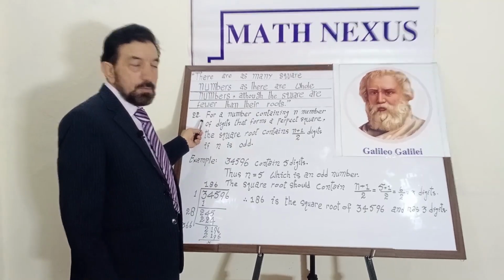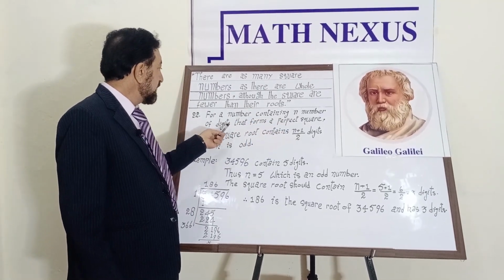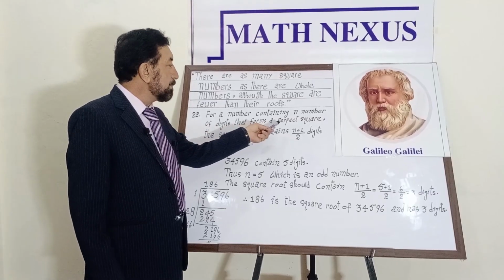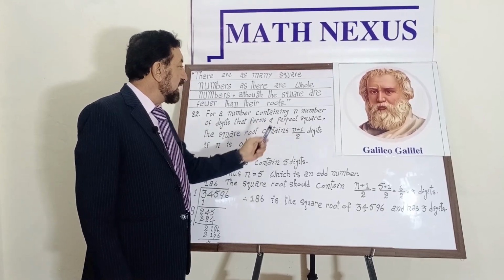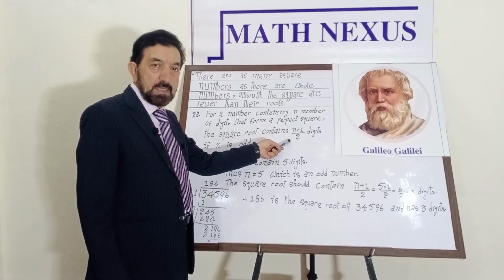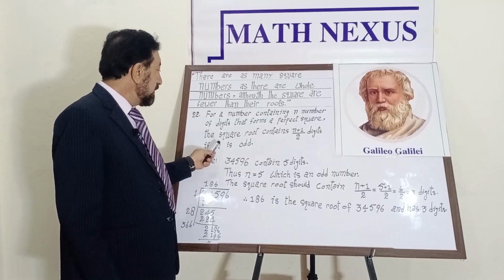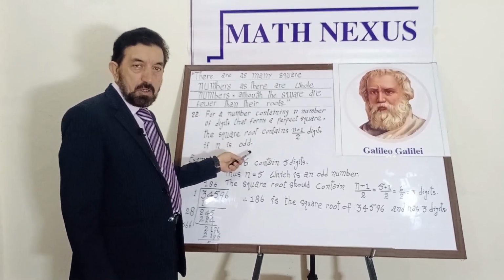Rule number 22. For a number containing n digits that forms a perfect square, the square root contains n plus 1 upon 2 digits if n is odd.